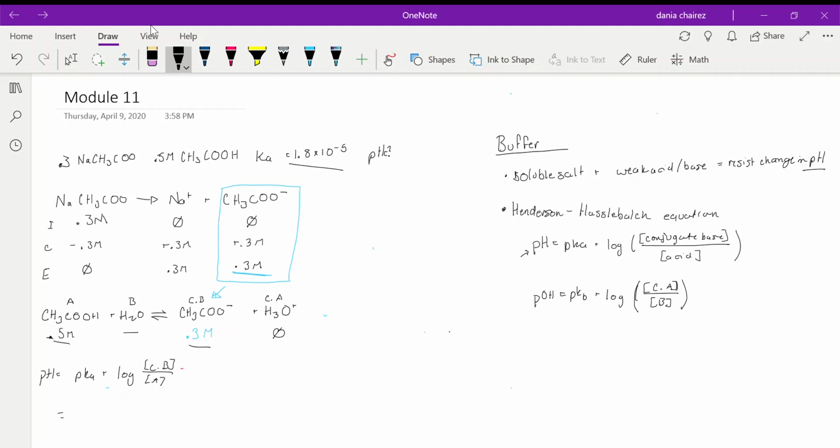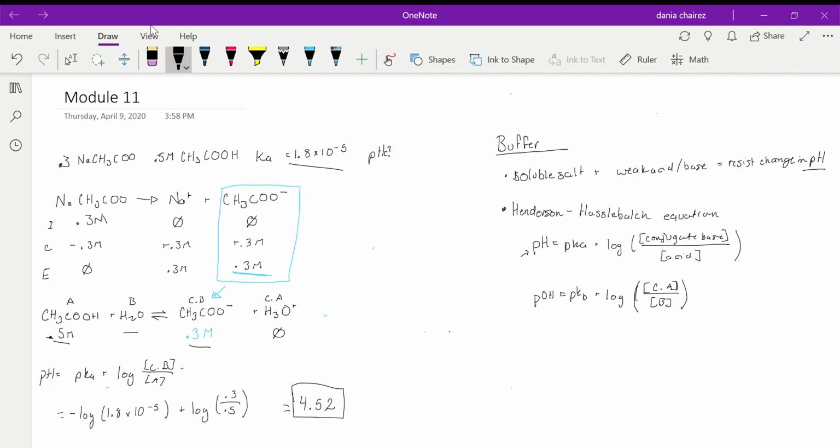So then we just plug that in and do negative log of 1.8 times 10 to the negative 5 plus the log of 0.3 over 0.5. So then we get a pH of around 4.52.